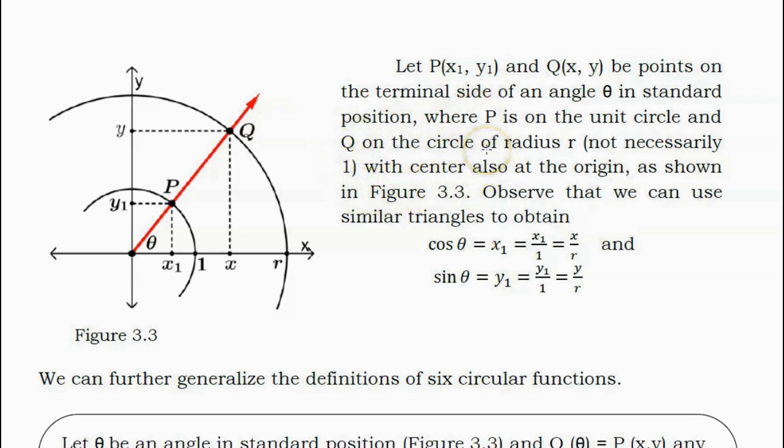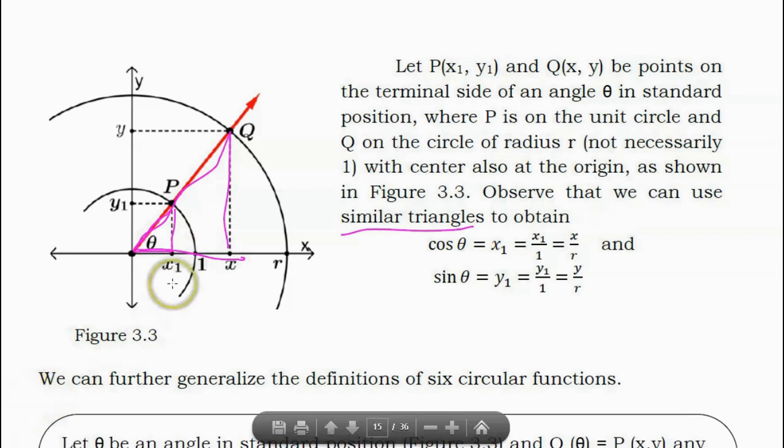So gamiton lang nato diri ang concept of similar triangles. So pangitaon nato ang cosine theta ug sine theta of this one. So kung atong tan-awon ang similar triangles, we have these two triangles, this one, and we have another one. Okay, so na-identify na nato ang duha ka triangle nga similar.